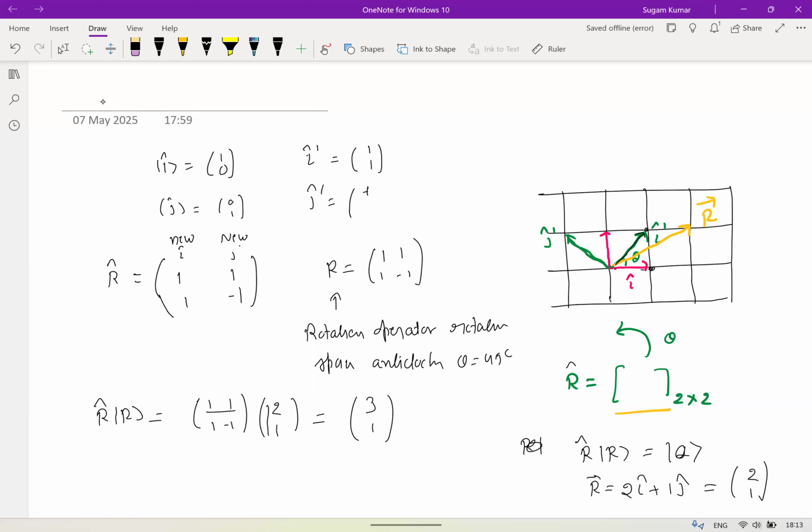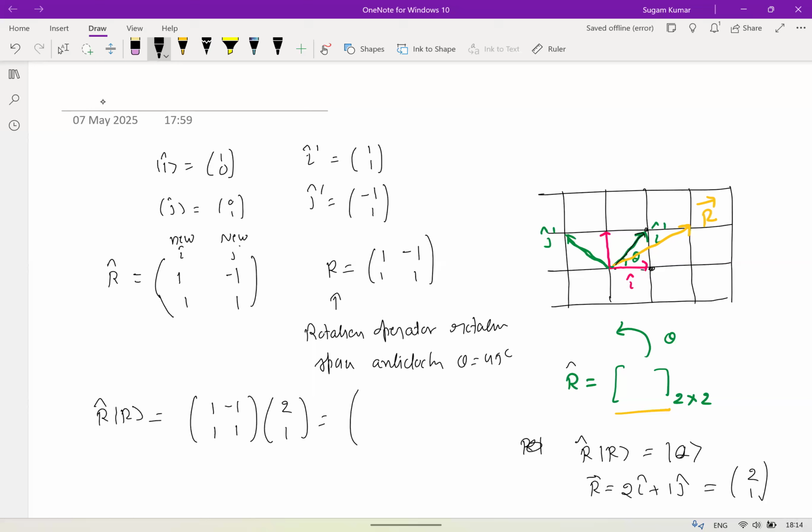This J will actually be (-1, 1), correct? Yes, so there was a problem. The matrix is [[1, -1], [1, 1]] and this acts on (2, 1). So this becomes (2-1, 2+1), which is (1, 3), correct? Yes, now it is correct.